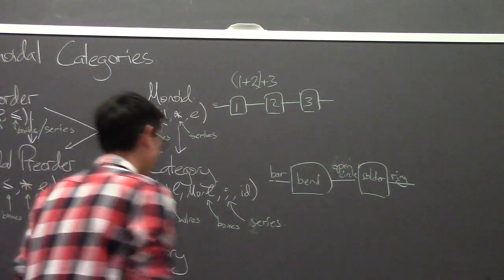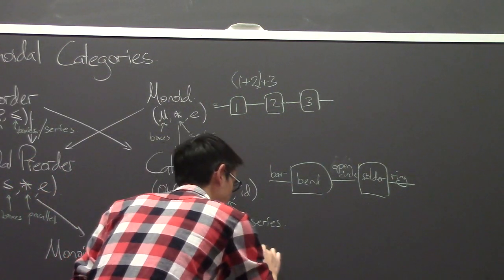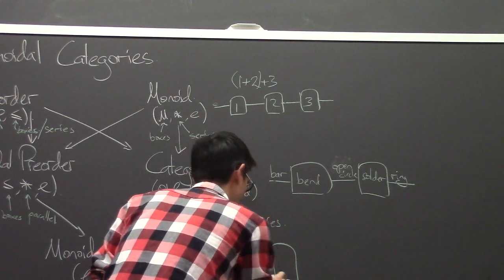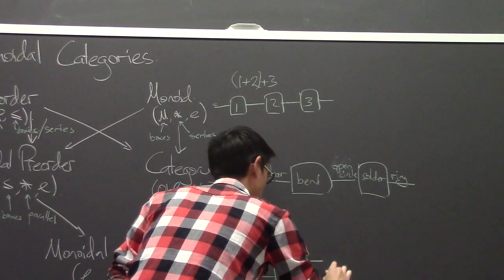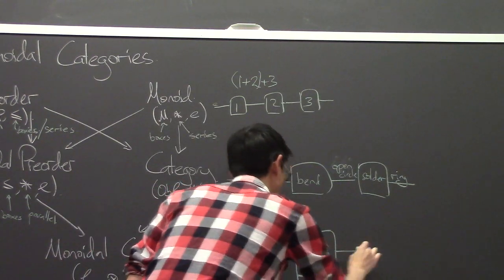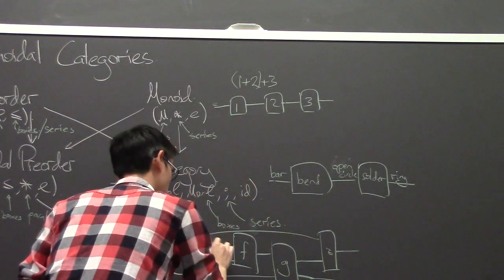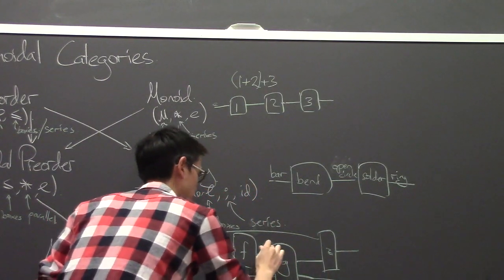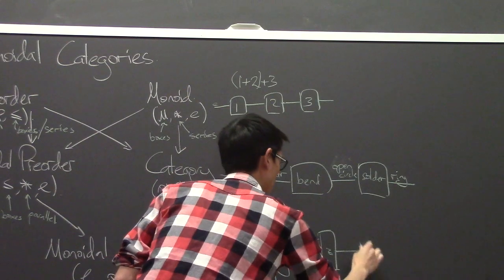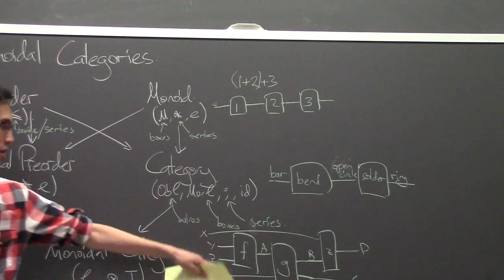And monoidal categories capture this common generalization of all of these notions, where we're allowed boxes in parallel and in series, and they're allowed to have different types. So here are objects, and here are morphisms running between products of objects.